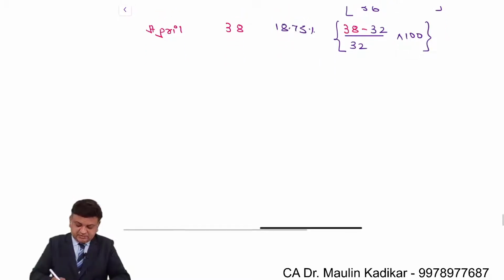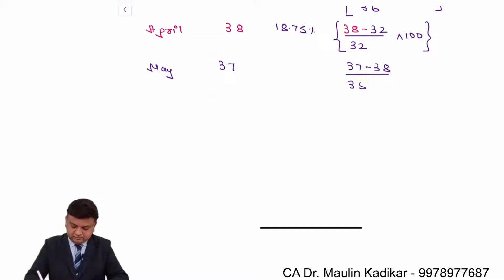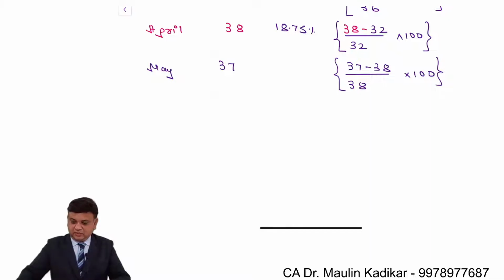Then last is the May month. In that, NAV is 37. So it is 37 minus 38 divided by 38 into 100. 37 minus 38, that is negative 1 upon 38 into 100, that is 2.63 percent.